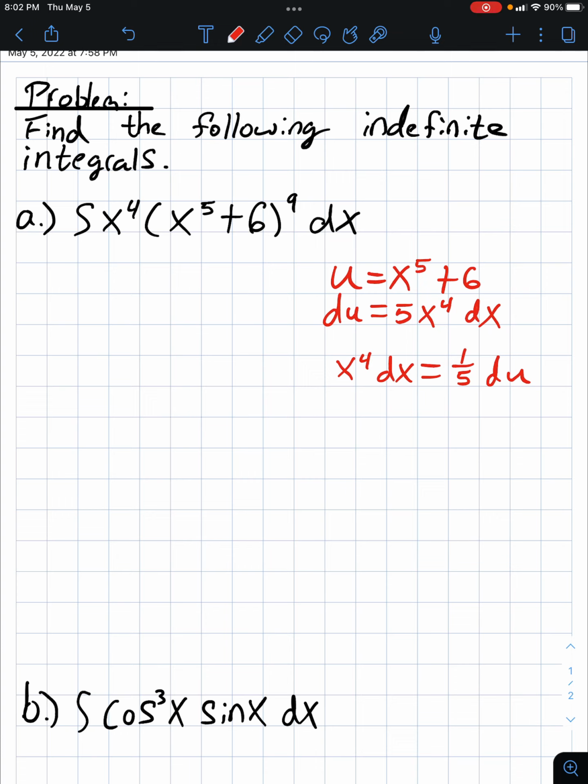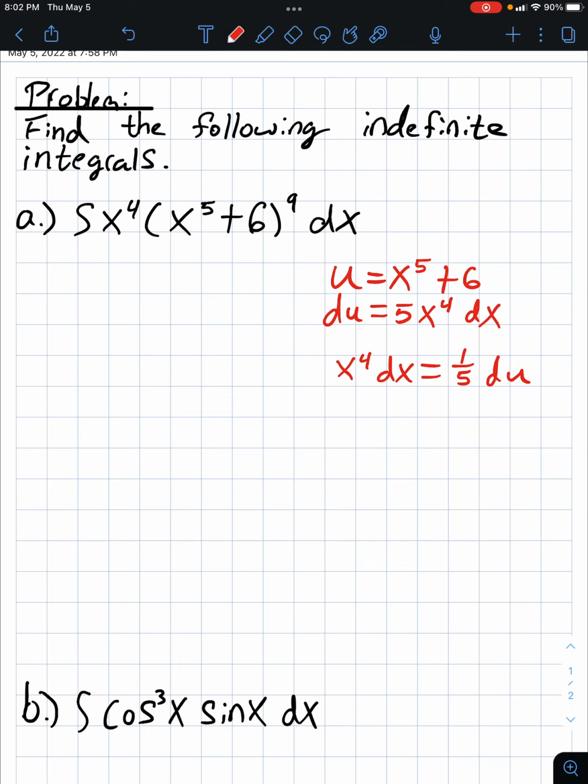We divide by 5 on both sides to remove the constant from our x to the fourth dx, as shown in our integral.